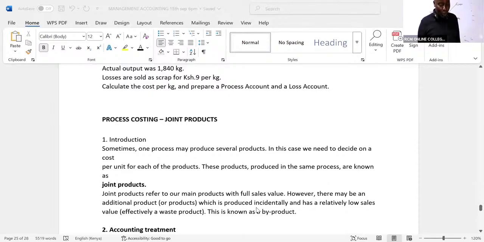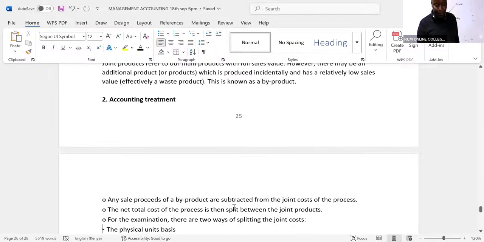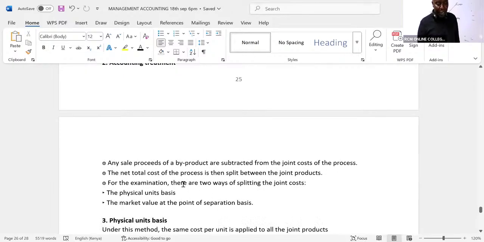So this is known as what here? A byproduct. They normally have very low sales values. Accounting treatment: any sale proceeds of a byproduct, that waste material like the sawdust, are subtracted from the joint cost of the process. The net total cost of the process is then split between the joint products.